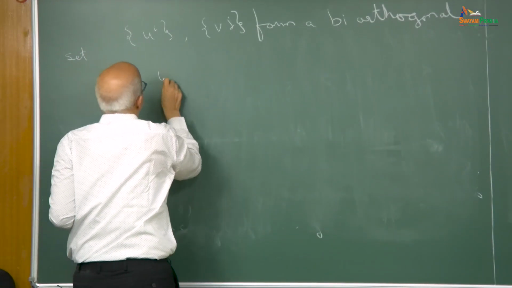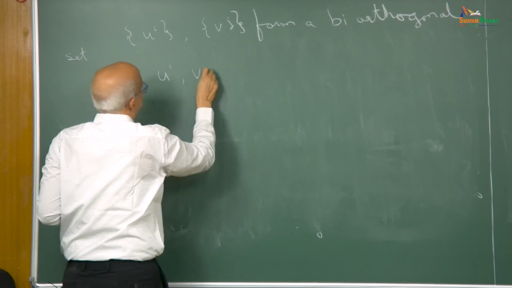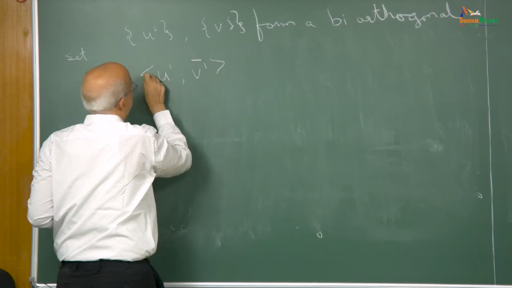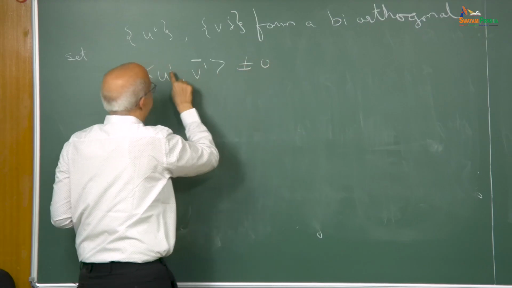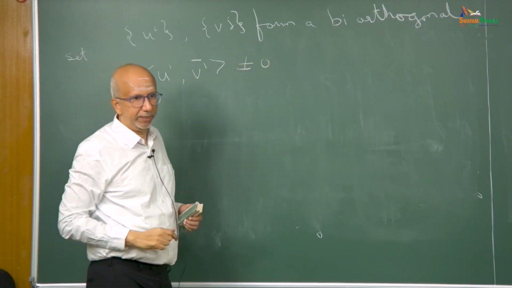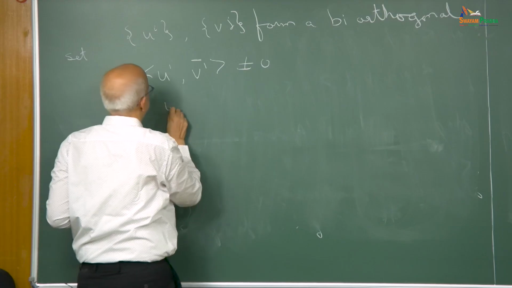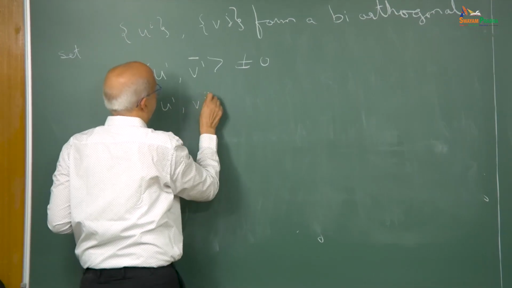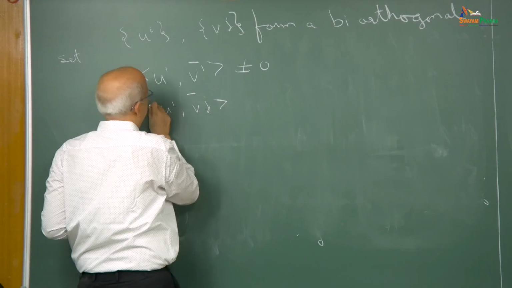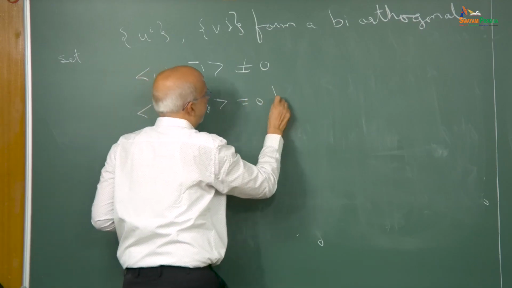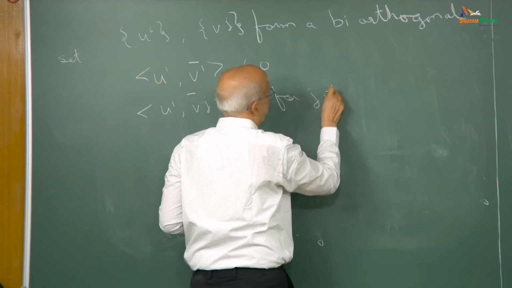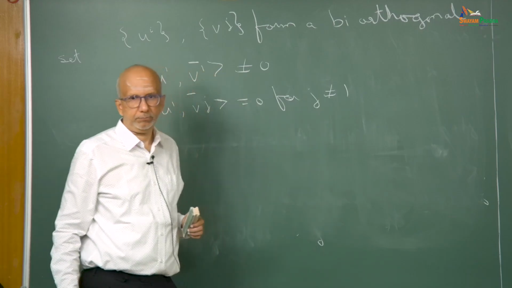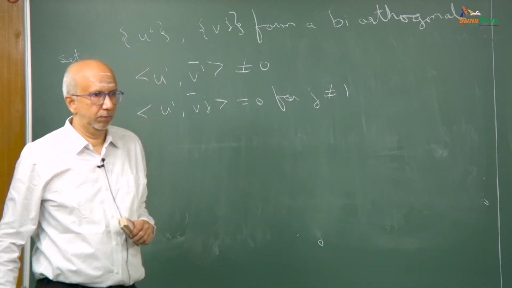That means U1 with V1 bar is not equal to 0, because now I am looking at the same eigenvalue, but U1 with Vj bar equals 0 for j not equal to 1.